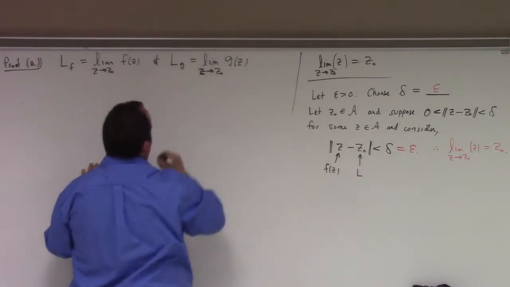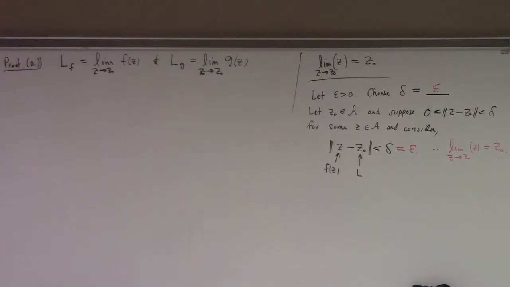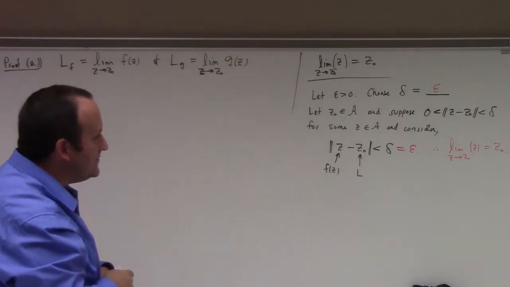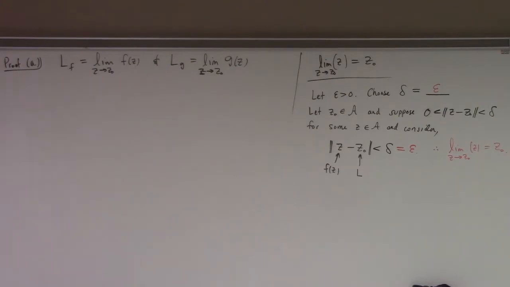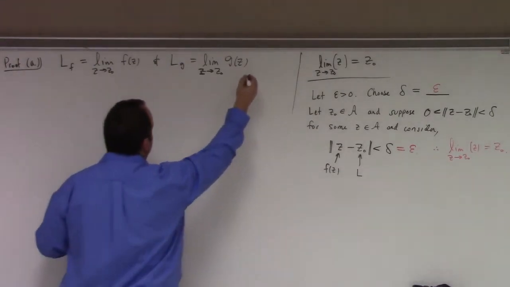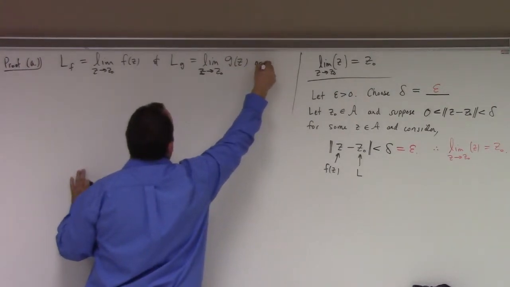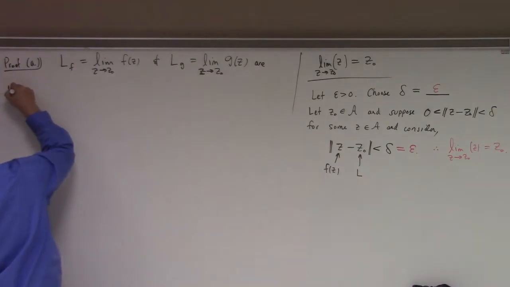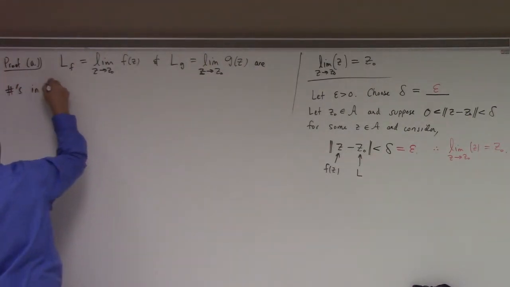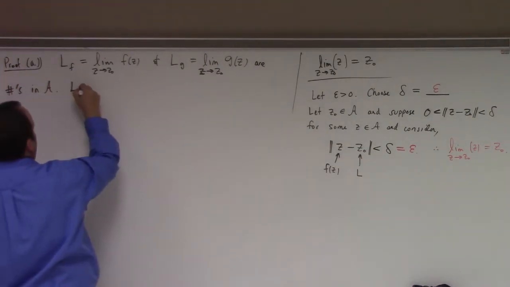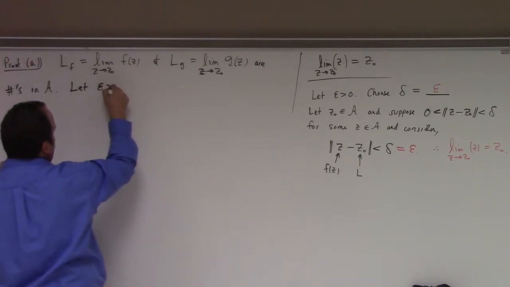We're given that these things exist, right? These are numbers in A. All right, great. Let epsilon be greater than 0.